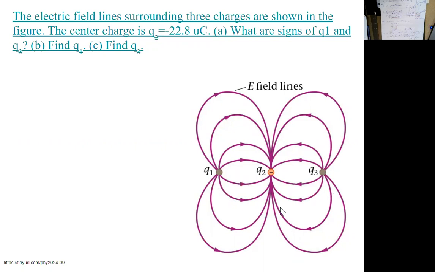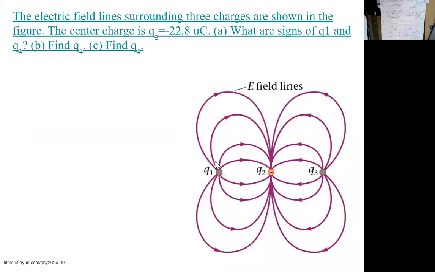All right. So for the middle one here, you can see nearby you have more electric field lines. You have 1, 2, 3, 4, 5, 6, 7, 8 on one side, and the same on the other side. So in total you have 16 lines surrounding Q2.